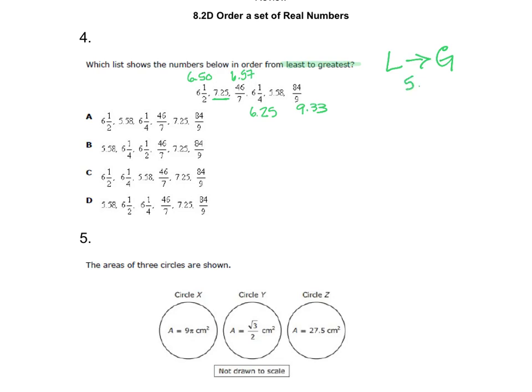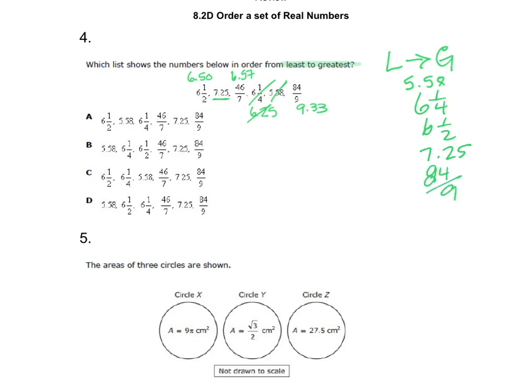So 5.58, 6.25, which I should put in its original form so that we know what we're doing later. So it's going to be 6 1/4, and then we have 6.5, and then we have 7.25, and then we have 84 divided by 9.